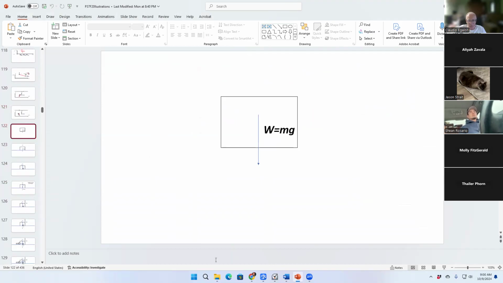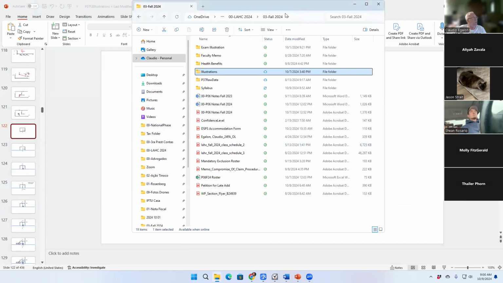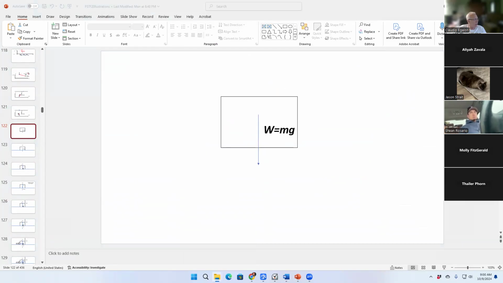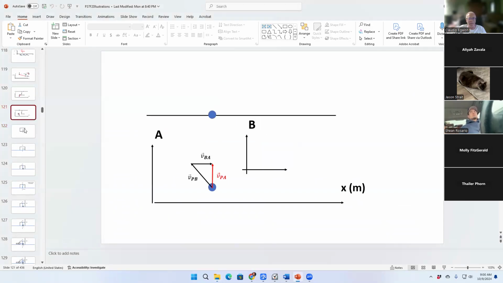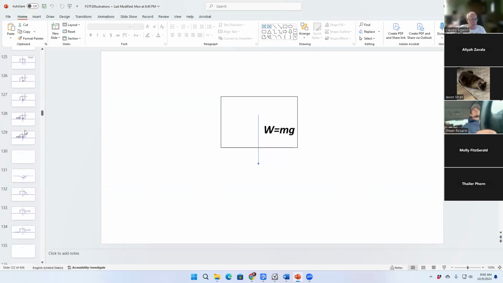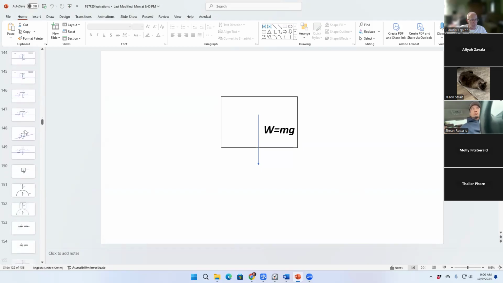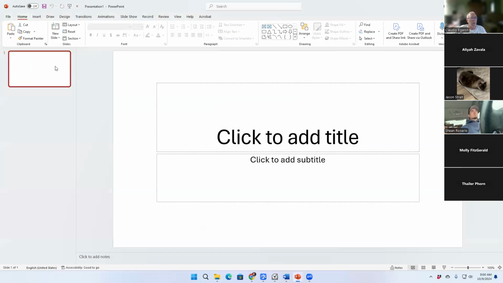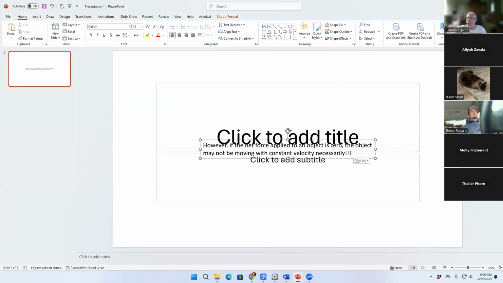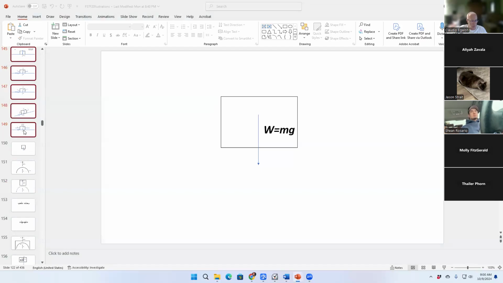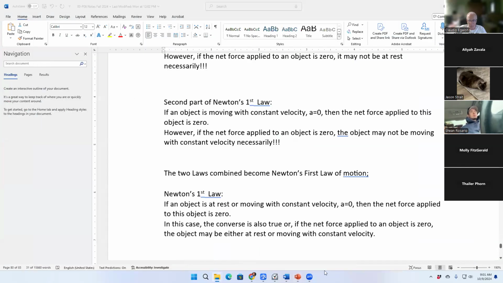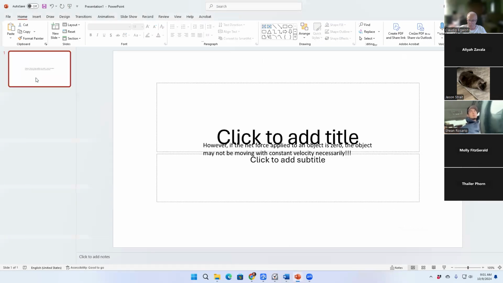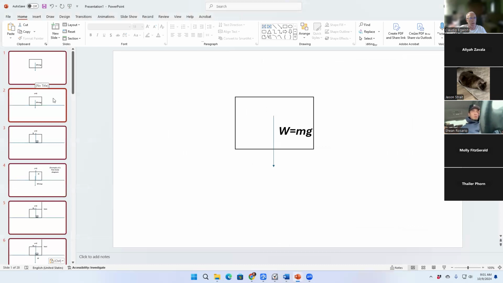I'm going to copy and paste all those illustrations in a new file, so it's well organized for me. Okay, new. Okay, now I got it.